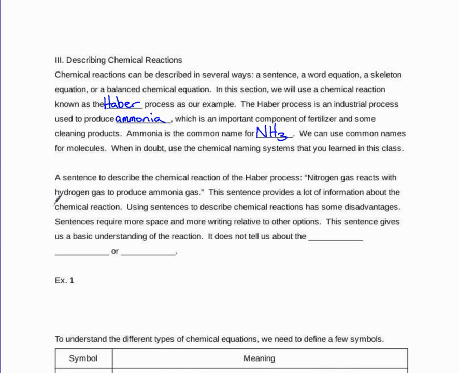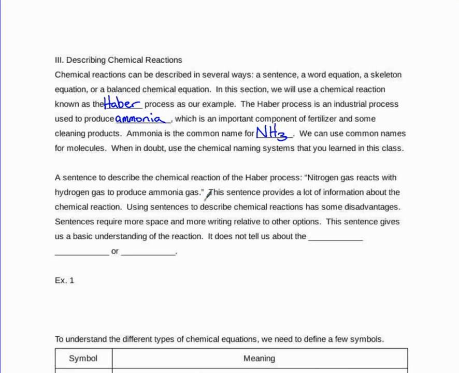Those are my two reactants. Remember, reactants react. Nitrogen gas reacts with hydrogen gas. It also tells me the products. To produce ammonia gas. We are producing ammonia. So this sentence provides a lot of information about the chemical reaction.